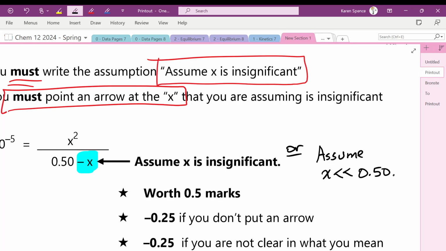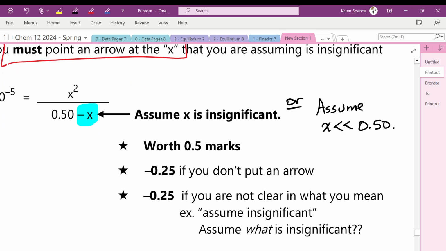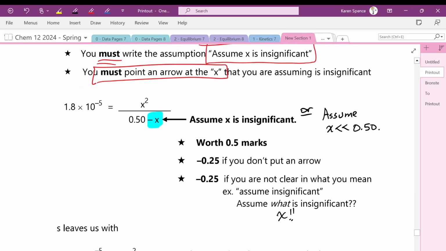This assumption is worth 0.5 marks. You will lose 0.25 if you don't have an arrow pointing to the X you are talking about. Yes? It will be minus 0.5 if you are not clear in what you mean. So if you write assume insignificant without mentioning what is insignificant, you will not get credit for that. Does that make sense? So you have to assume X is insignificant. Yes? All right.